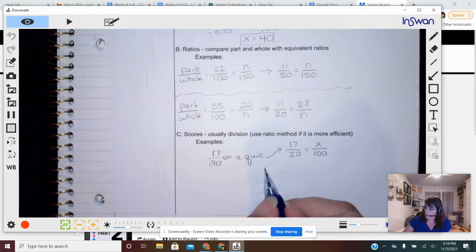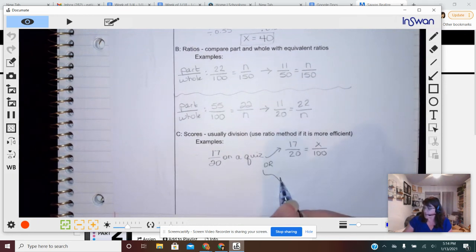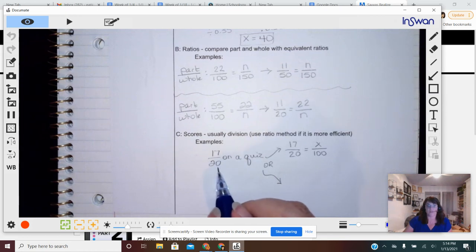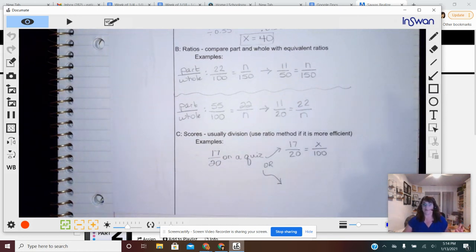Or the other method you could use, and I especially use this when it's not nice round ones like 20, when I give you a quiz that's out of 13 or something crazy, you just divide. You know that you can turn a fraction to a decimal simply by dividing.